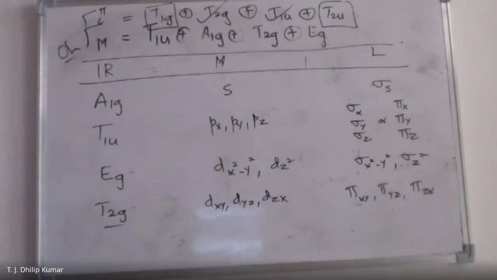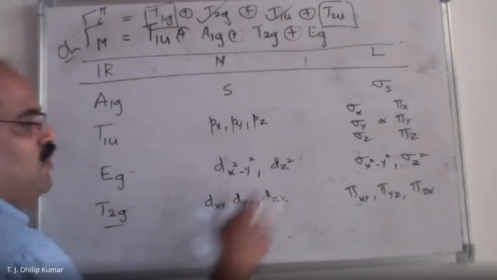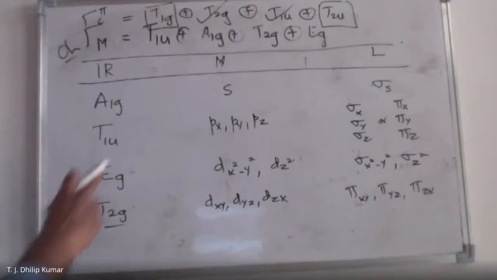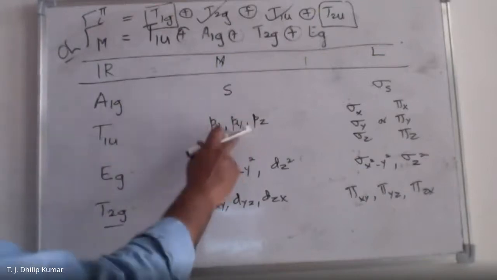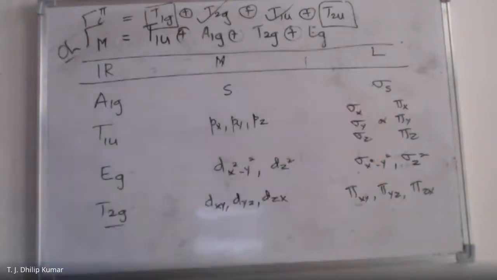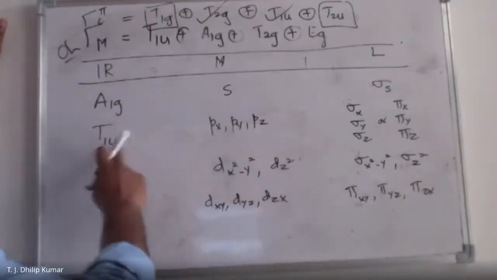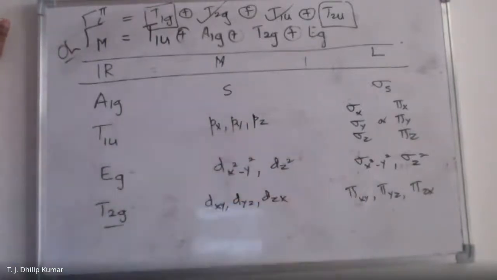With all this exercise, we just see which metal orbitals of which symmetry overlap with the ligand orbitals of corresponding symmetry. If it is T1u of the metal, it means the p orbitals of the metal, and then either sigma or pi of the corresponding ligand orbitals will overlap. There won't be a crossover. T1u, px will not overlap with sigma x square minus y square and sigma z square.